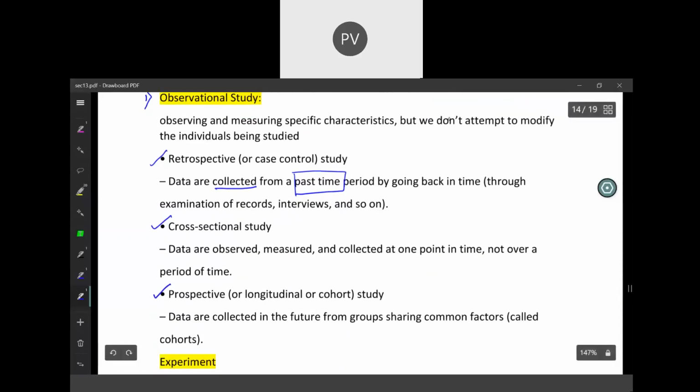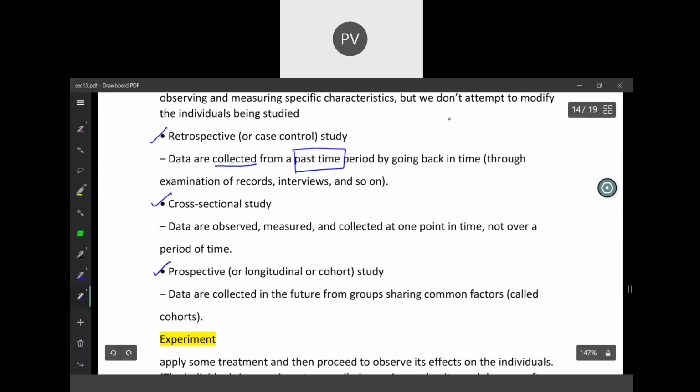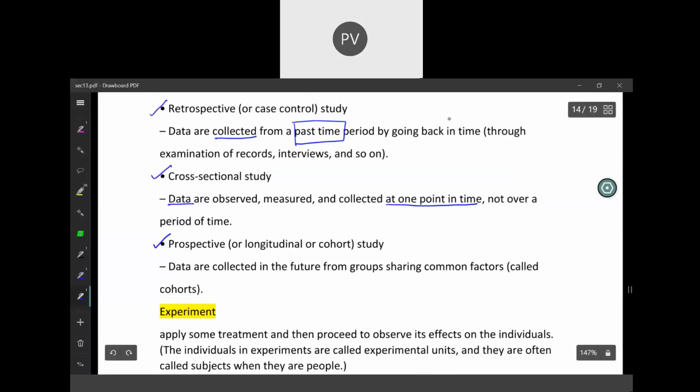Second type is the cross-sectional study. Here data will be collected at one point in time. Prospective study. It is also called longitudinal or cohort study. In prospective study, data will be collected in the future. Okay, remember.